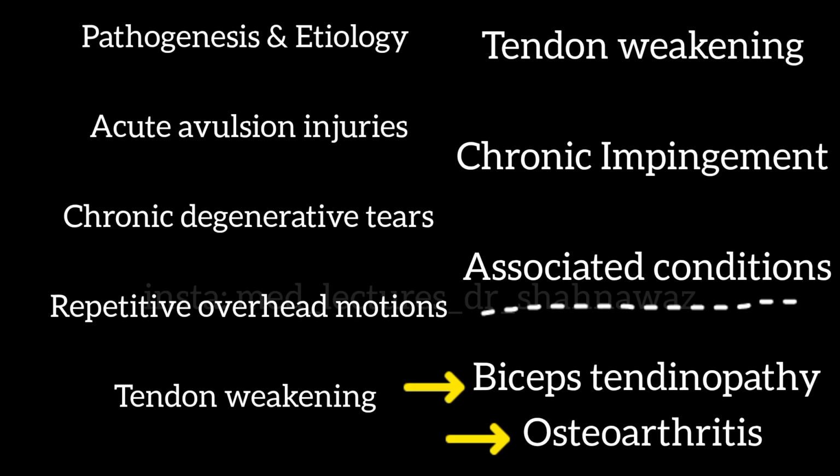These two are most important to know in that case. For example, if the patient has limited range of movements, we will suspect a tear of the rotator cuff muscles.